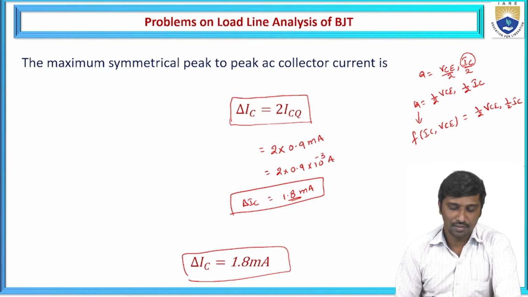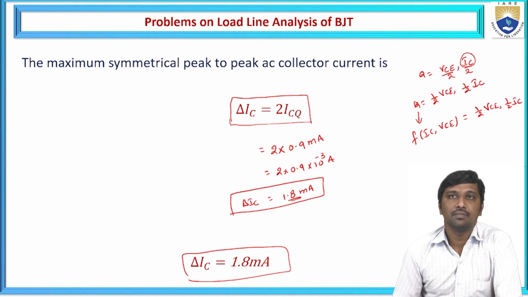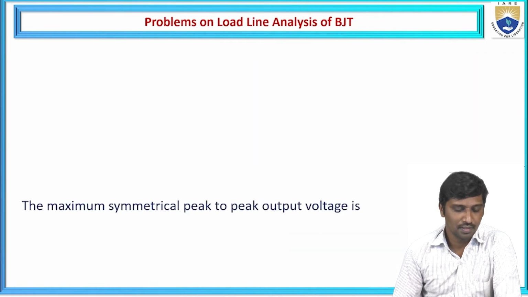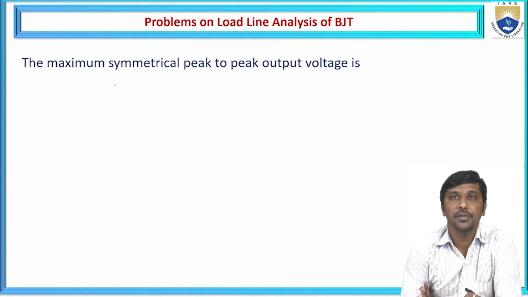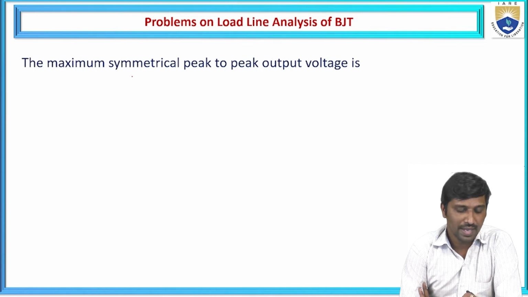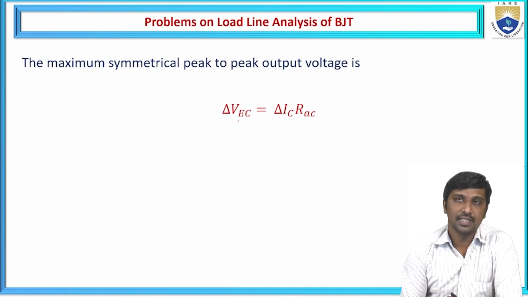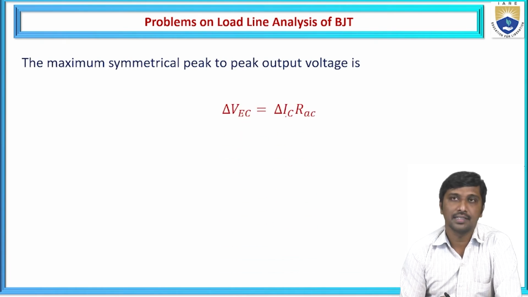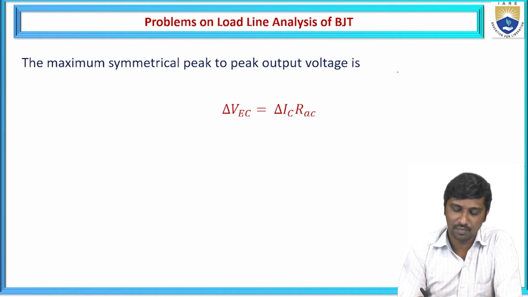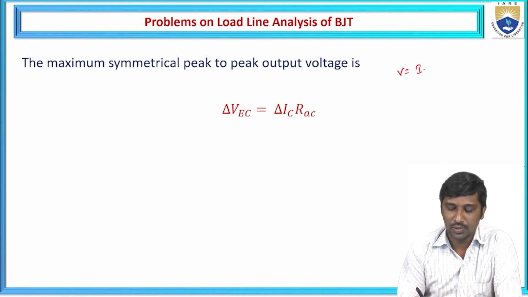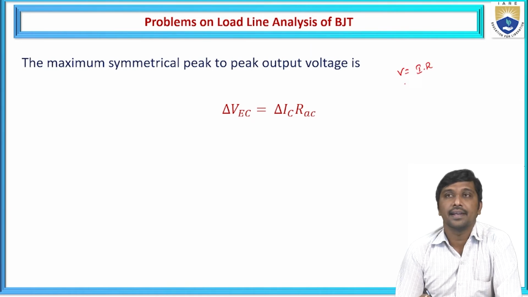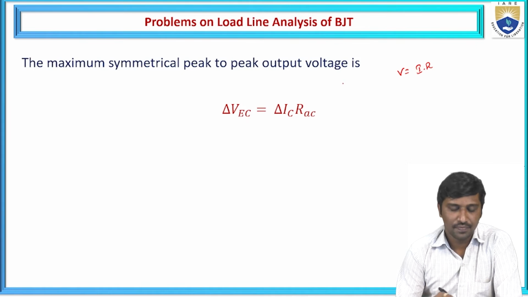Similarly, we need to calculate the maximum peak-to-peak voltage in a common emitter amplifier circuit. Hence, I am going to represent the maximum symmetrical peak-to-peak output voltage as delta VEC, which is equal to delta IC times the AC resistance, since V is the product of current and resistance.